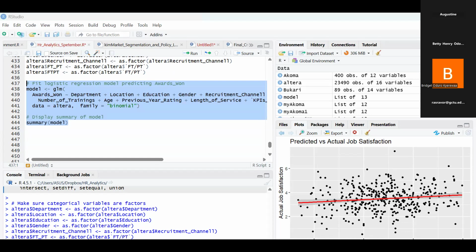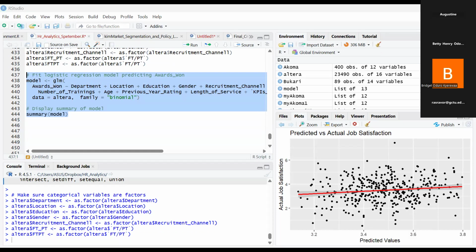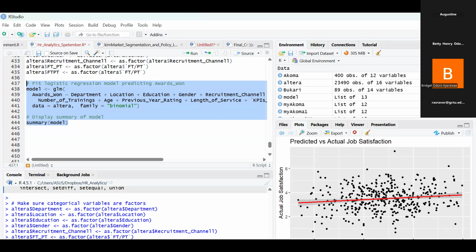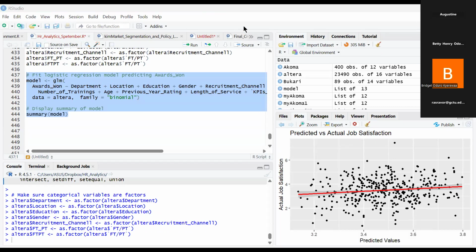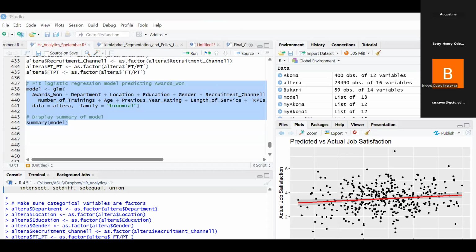What's happening here? So I've sent you this command as well.